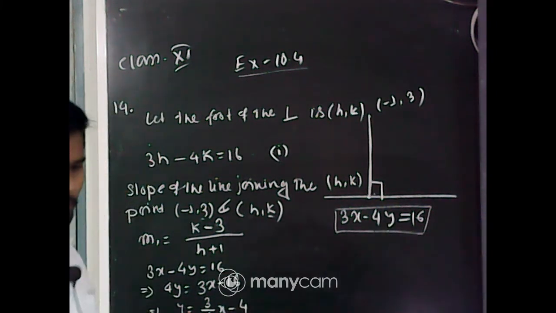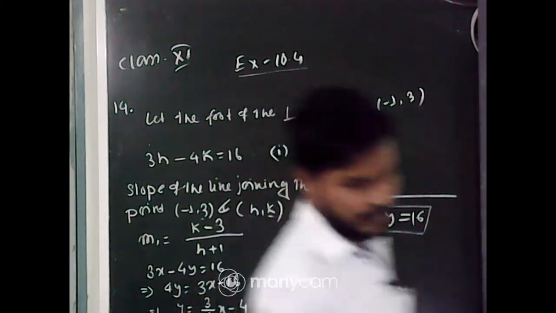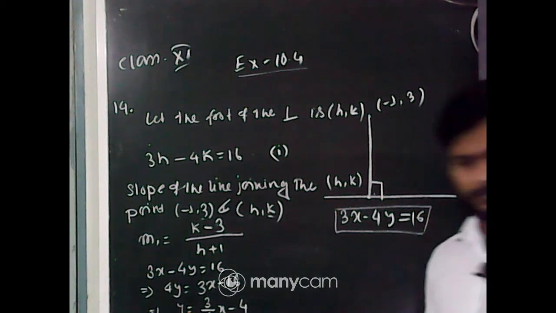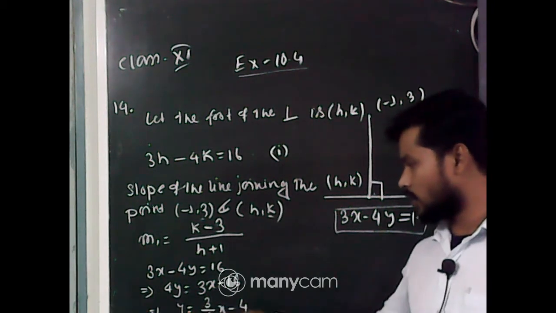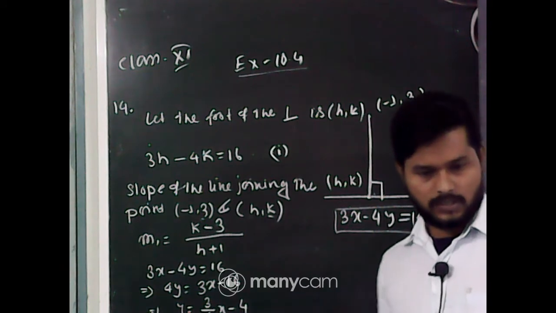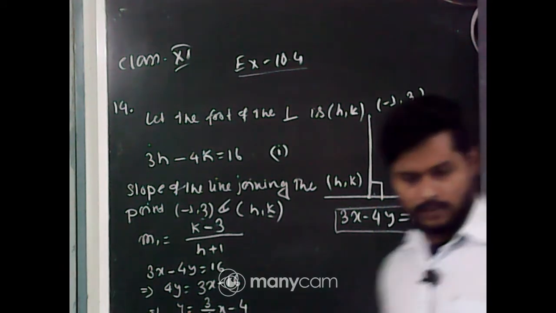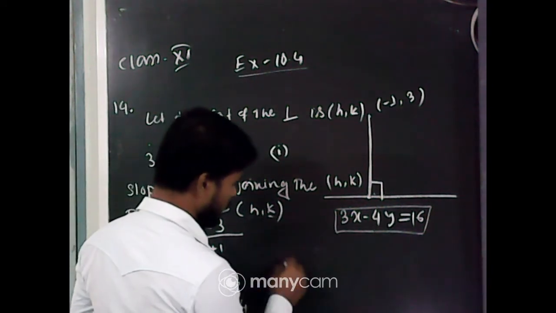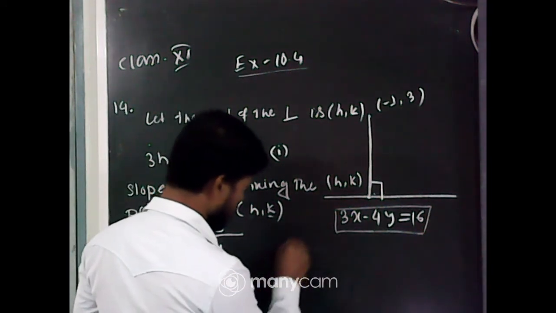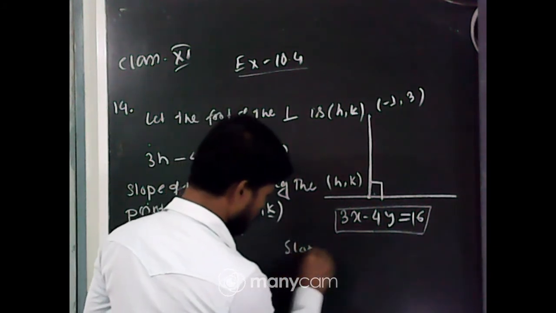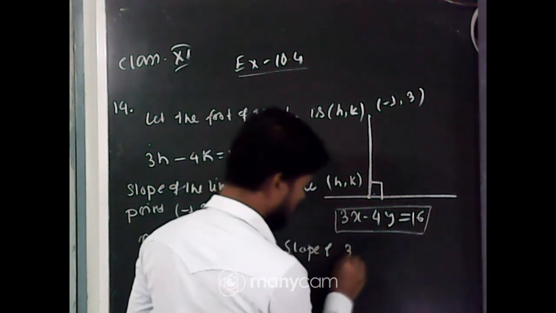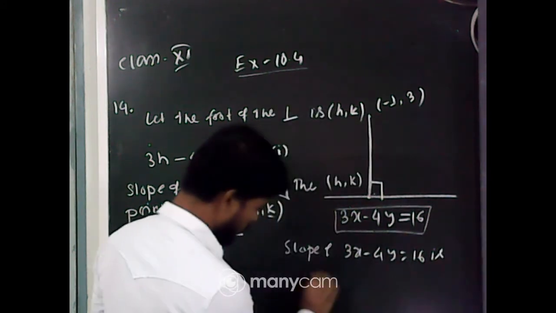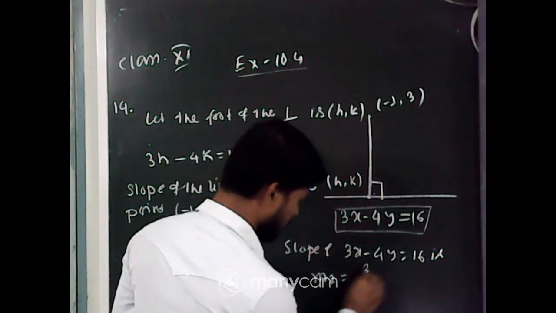The slope is 3 by 4. Very good. So if I consider the slope of the line 3x minus 4y is equal to 16 as m2, then m2 is equal to 3 by 4.